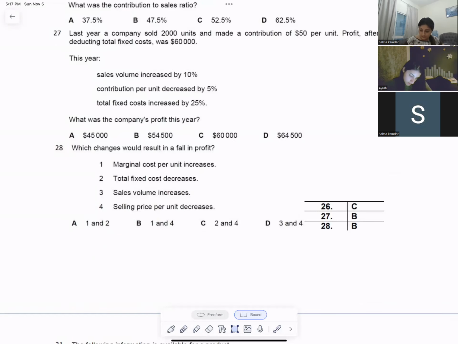Last year, company sold 2,000 units and made a contribution of $50 per unit. Net profit for the year. So sales minus variable cost is contribution, and contribution is 50. And number of units sold is 2,000.